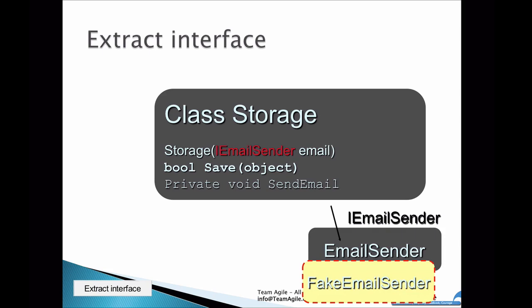However, it will not really send an email. It will simply implement the interface, and when someone says send email, it will be an empty method, and we'll just save the values. So it's a fake email sender. Now, we can use this one and send it into storage, and storage wouldn't be any wiser. It will just work the same way it did. Production code will work the same way it did.